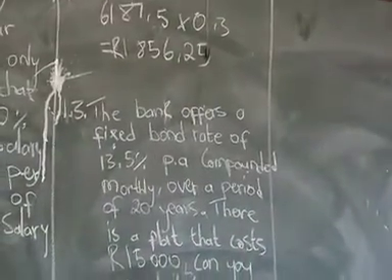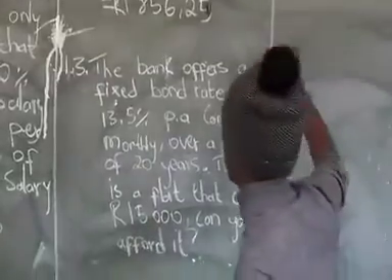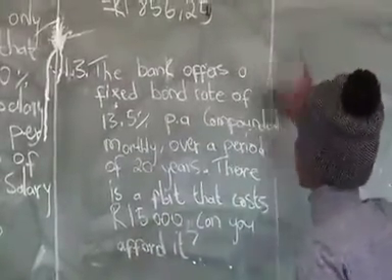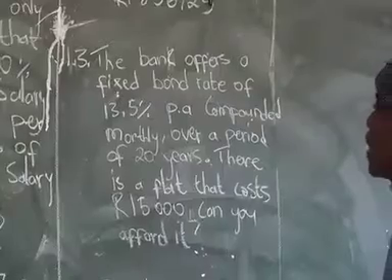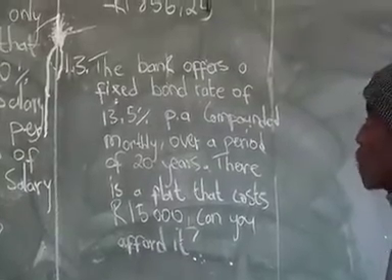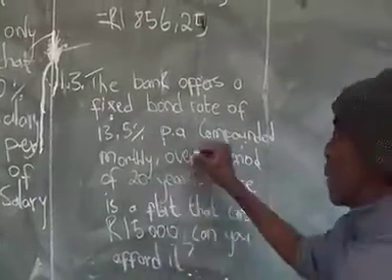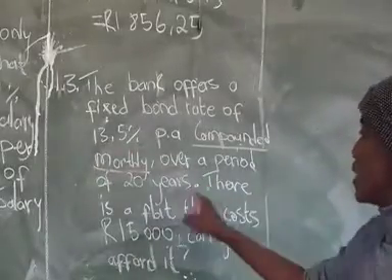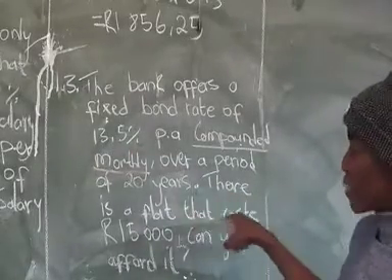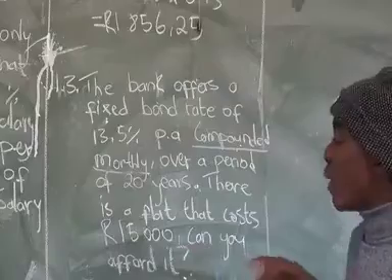This one is a bit complex, but we're going to deal with it, I promise. It says the bank offers a fixed bond rate of 13.5% per annum compounded monthly over a period of 20 years. There is a flat that costs 15,000. Can you afford it?